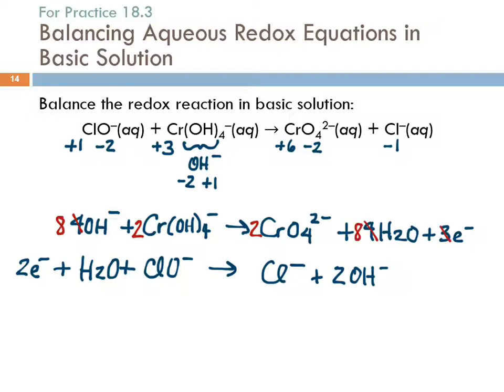And the 3 becomes a 6. The bottom half reaction I'm going to multiply by 3. Isn't this fun? Love this. So that becomes 6. This is 3 and 3 and 3 and 6. Now we add them together.